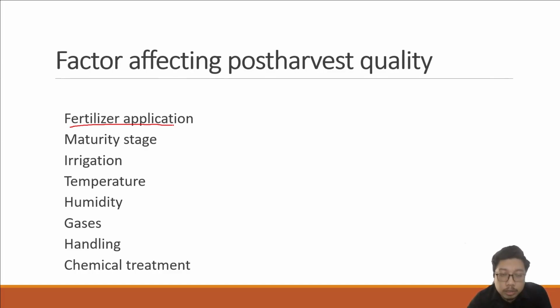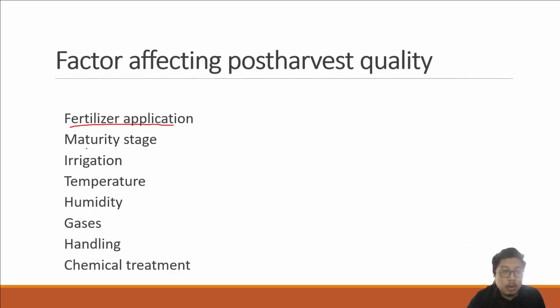Different inputs of fertilizers may affect the post-harvest quality. For example, usually when more calcium is applied, the tomatoes can have better firmness and hence a longer storage life.